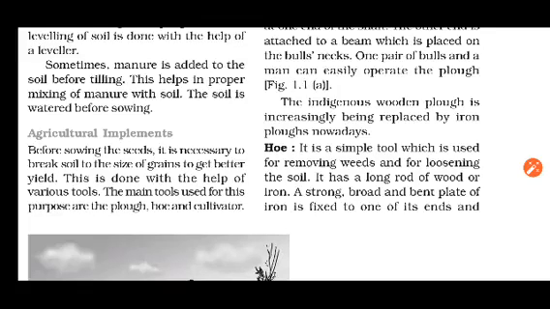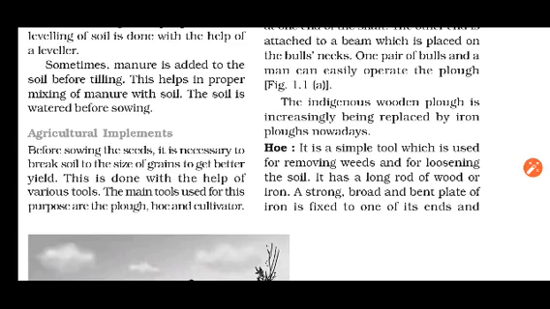It is a simple tool which is used for removing weeds. Removing weeds means we need to remove the unwanted plants, so it is done by using hoe. And the other use of hoe is loosening the soil. हम इसको मिट्टी को लूज करने के लिए भी इसका इस्तेमाल करते हैं.